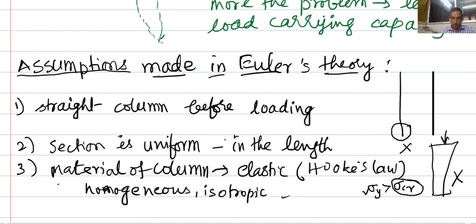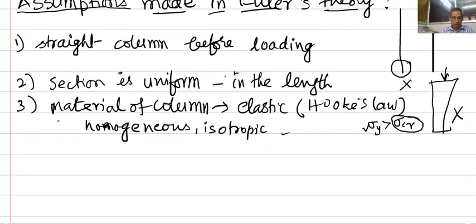If it is going to yield first, then Euler theory will not work, right. Then another thing is, even if it is elastic, the material may not be homogeneous and isotropic. That means your material property is not the same in all directions and in different planes. So, then Euler theory will not be valid.